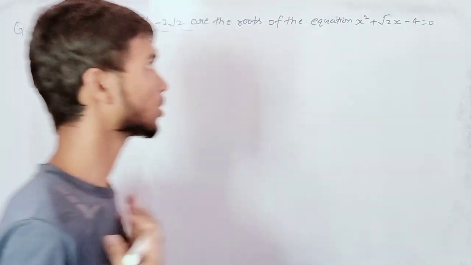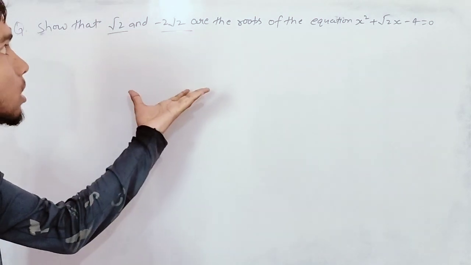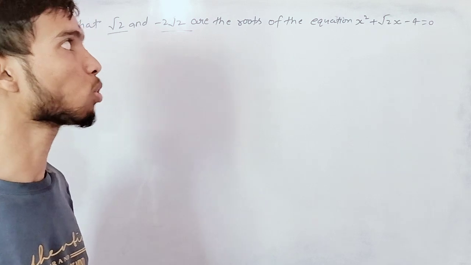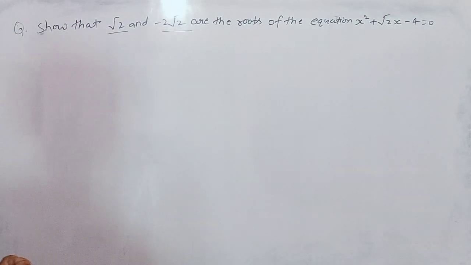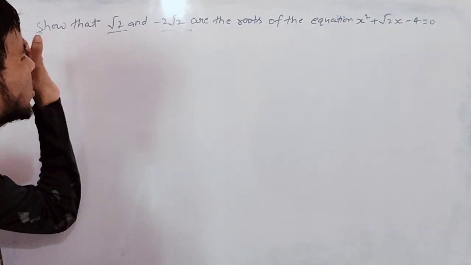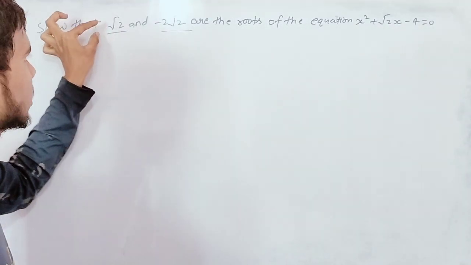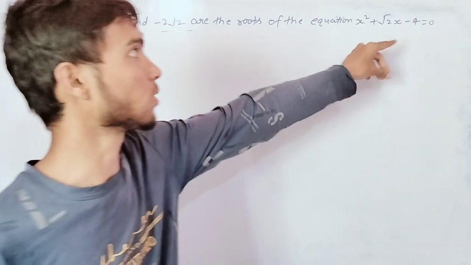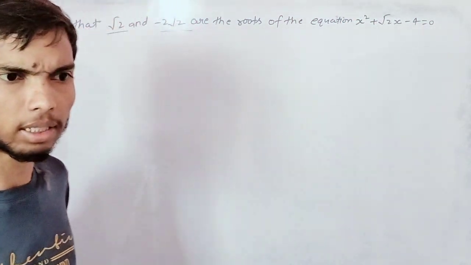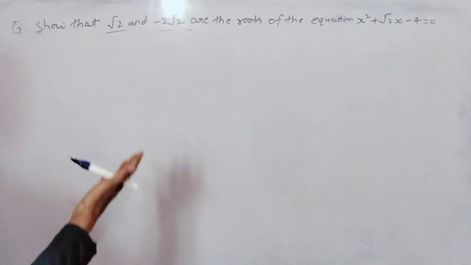To show that these are roots of this equation, we put this value in place of x in the equation. If both sides come out equal, then we can say yes, these are roots.